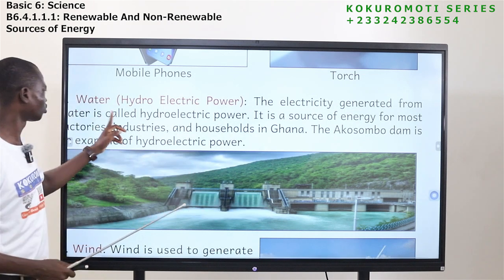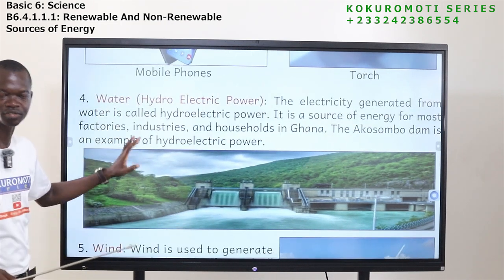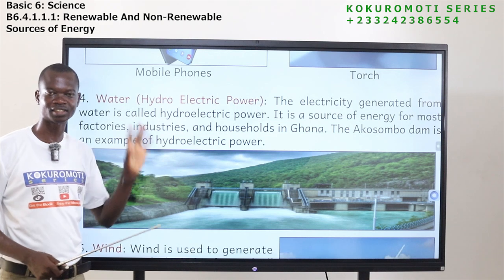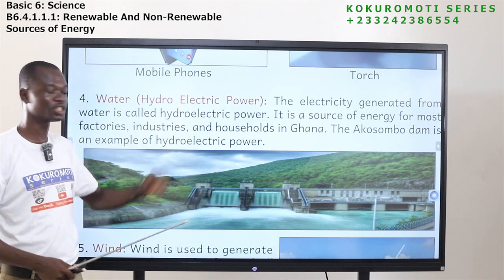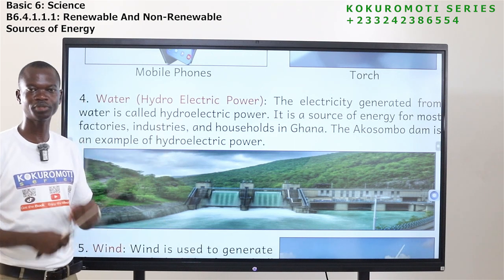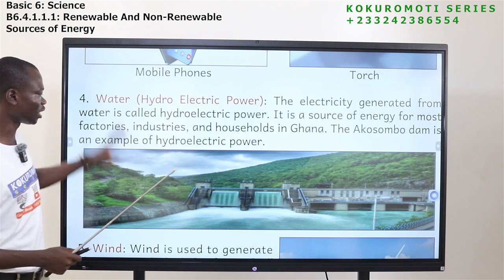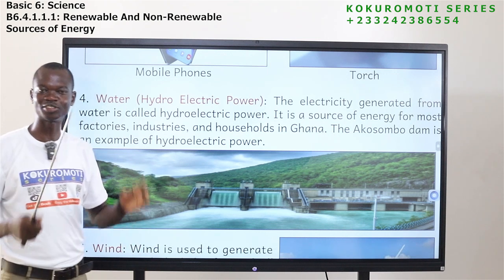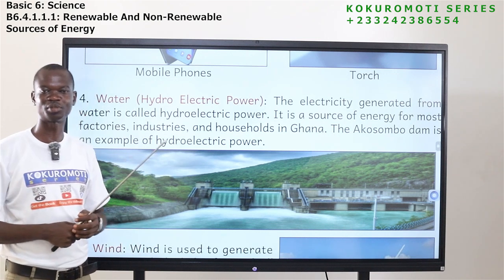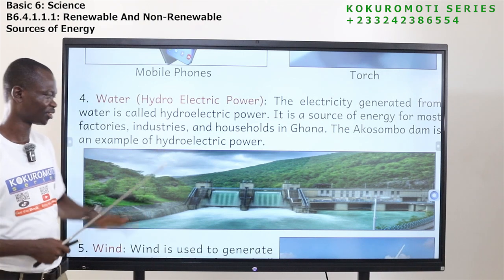So here, water is a source of energy. Hydro means water. Hydro means what? Water. So without water in the dam, there is no way electricity can be produced. Okay.